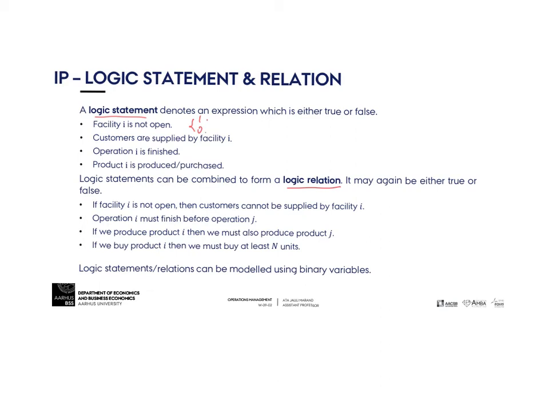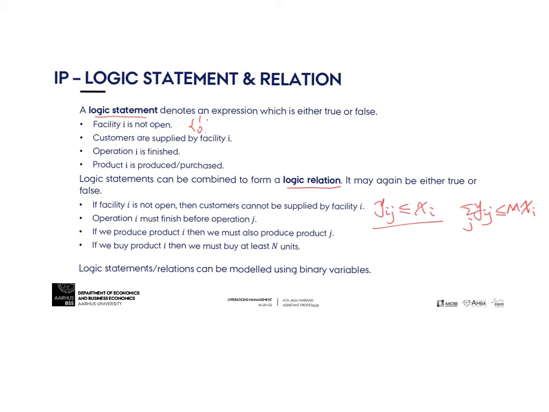And the logic relations combine multiple logic statements. For example, if facility i is not open, then customers cannot be supplied by facility i. So you should have y_ij less than x_i, which is what we used in the facility location problem, or we have sum of y_ij less than M x_i. Second, operation i must finish before operation j.